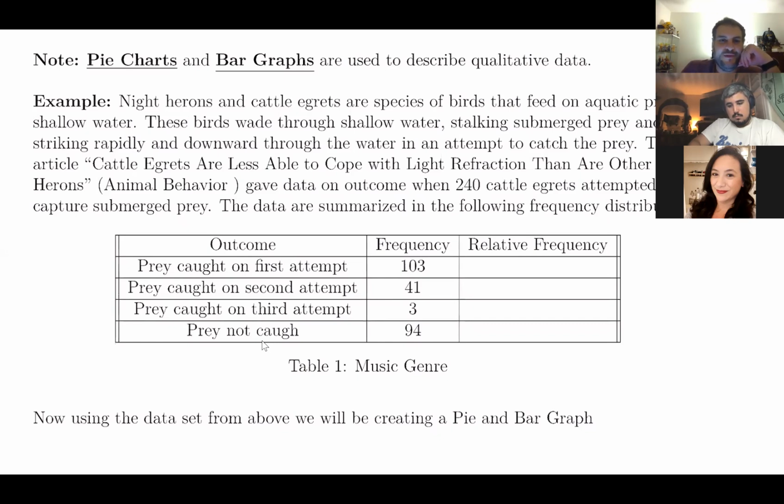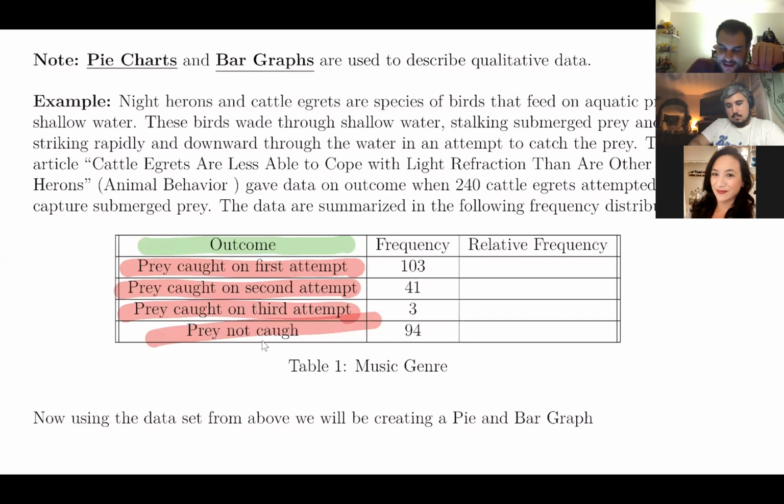All right, so here are the outcomes. If you look right here, we have 4 different classes: prey caught on first attempt, prey caught on second attempt, prey caught on third attempt, and prey not caught. Those are our 4 classes.